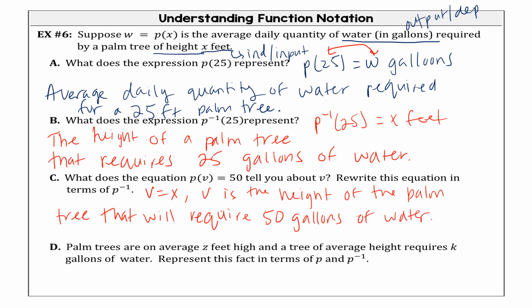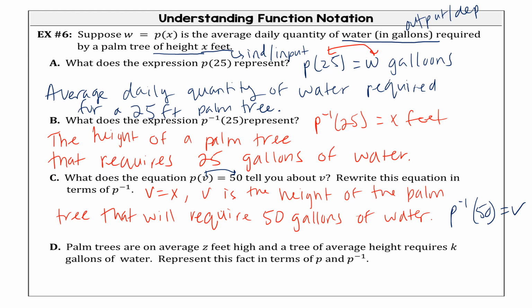Okay? And then last it says rewrite the equation in terms of the inverse of P. So for this, its inverse would simply be P negative 1, and I'm switching my input and my output. So P negative 1 of 50 equals V. It says palm trees are an average of Z feet high, and a tree of average height requires K gallons of water. Represent this in terms of P and P negative 1.